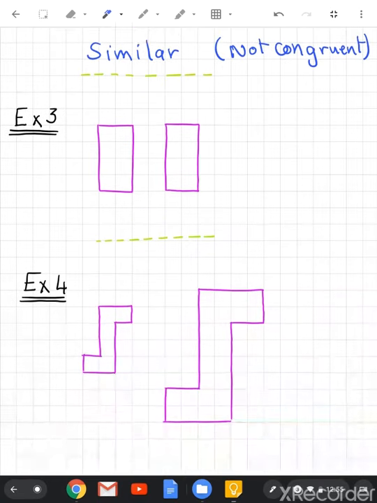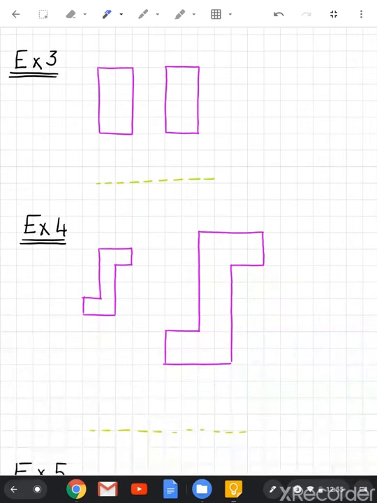The third example, we have two rectangles. They have the same shape because both of them are rectangles, and the size of each one is the same as the other. So these two rectangles are similar.